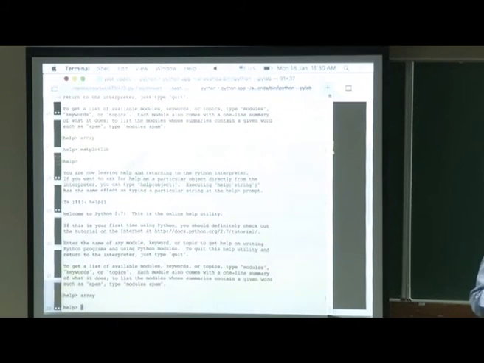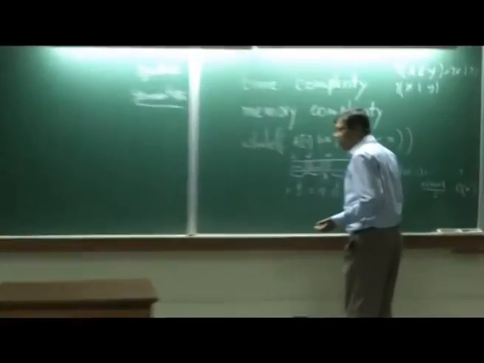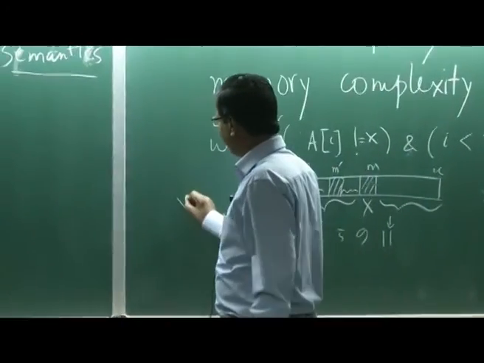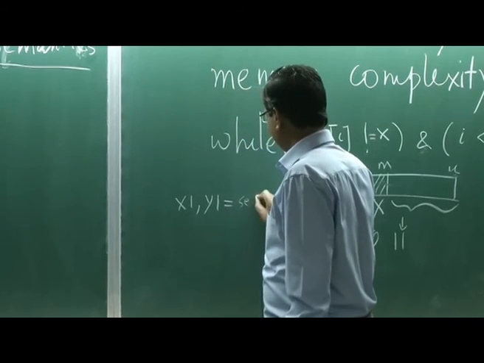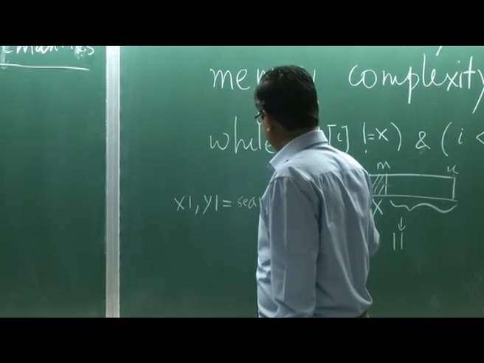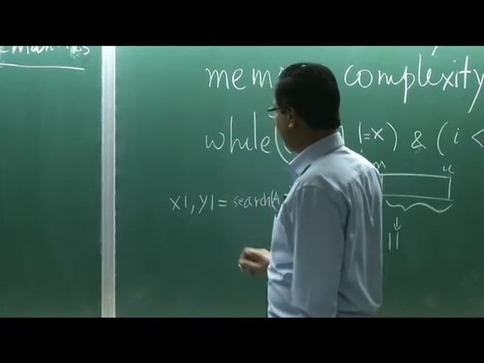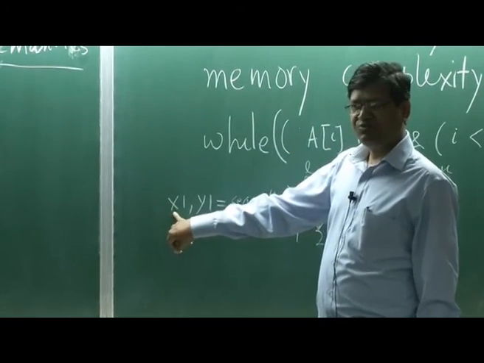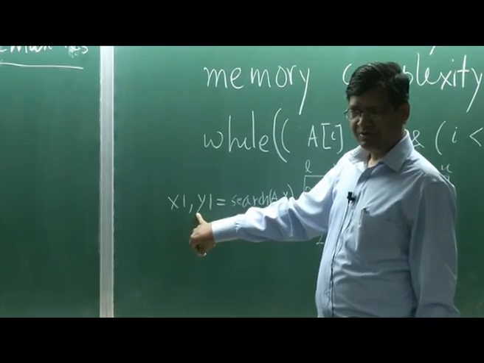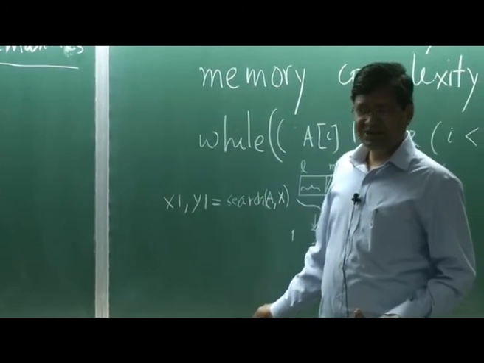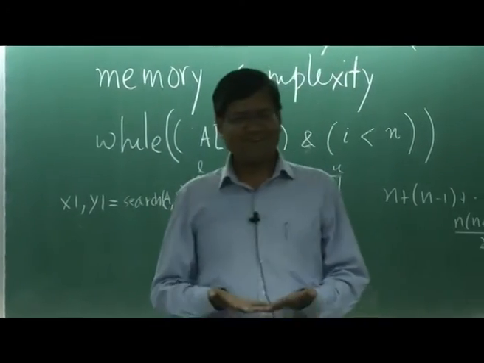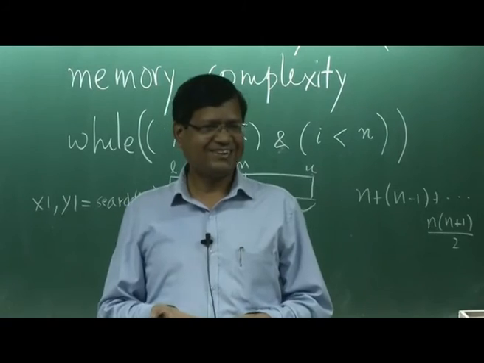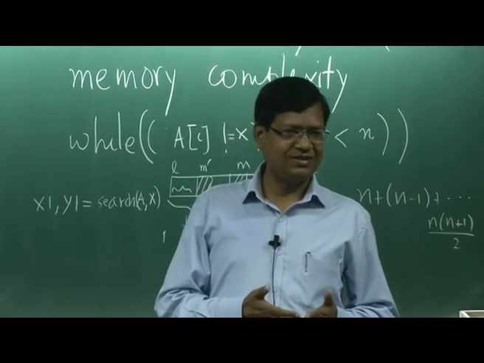To invoke it, you have to say x1 comma y1 equal to search of a comma x. The first one will be stored in x1 and the second one stored in y1. If you are expecting something, you better store it somewhere, otherwise the function is not going to give you the answer. So, you should store it.